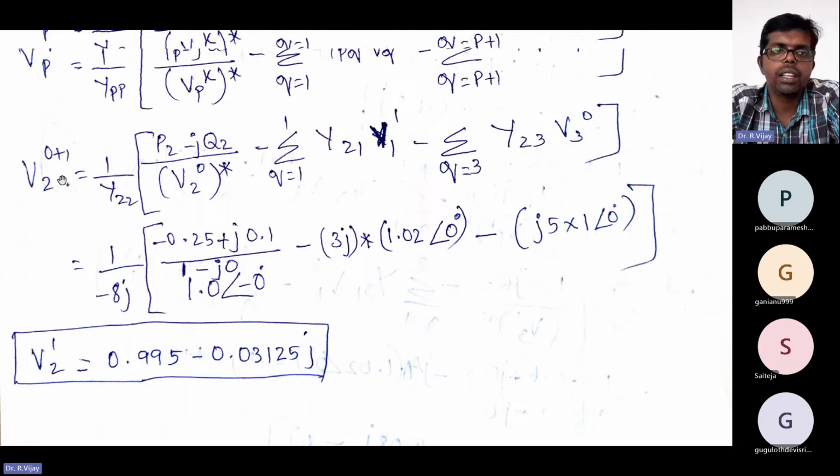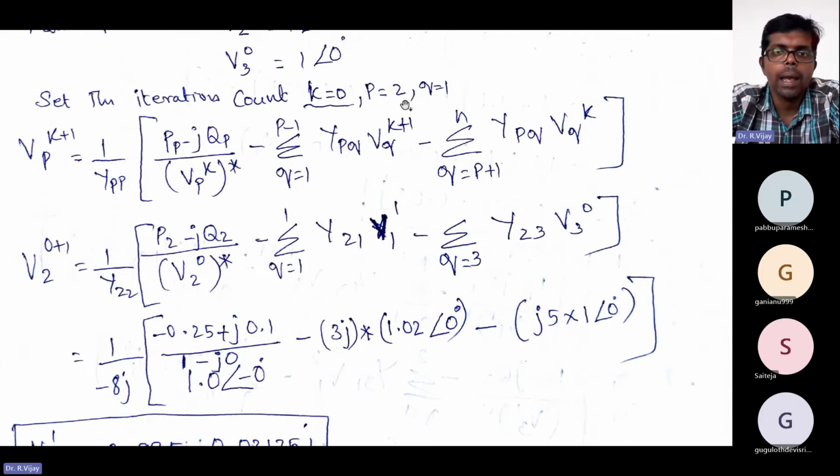So V3, same formula, you need to substitute P is equal to 3.